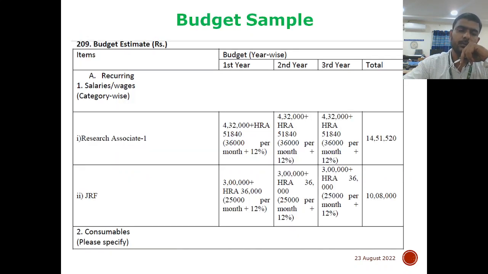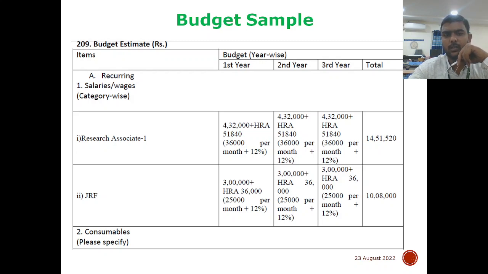So this is a budget sample. Generally, we mention recurring expenditure and non-recurring expenditure. Recurring expenditure is what you expect to spend every year, whereas non-recurring is a one-time investment. One sample I have given: suppose you are recruiting a research associate or JRF.